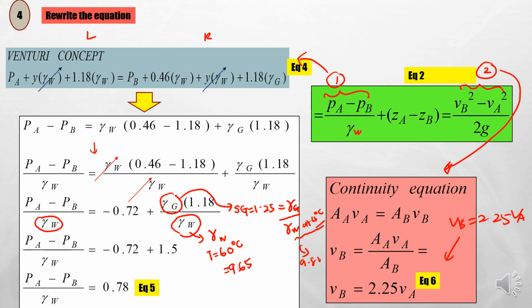It's not 9.81, because that one we only use to get γ_G, as it is used at standard condition, which is 4 degrees C. So I hope that you are clear about that.